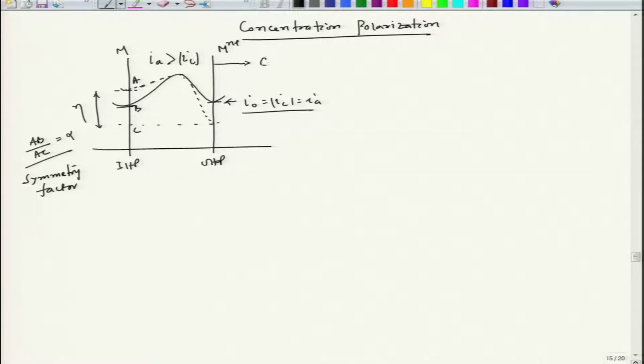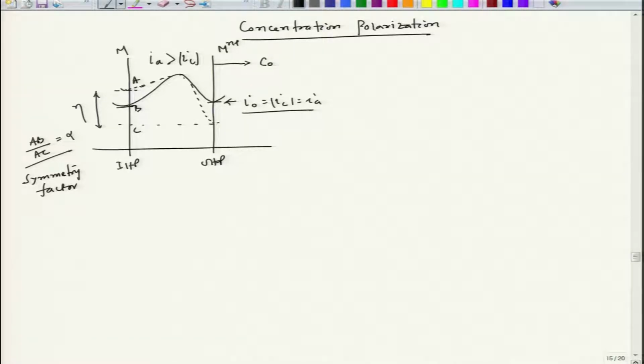So, if the concentration here is C0 in the beginning, the C0 concentration remains there with the polarization. But if we go to higher and higher current density, that means if we switch to a higher level of polarization, then I would have a different situation.